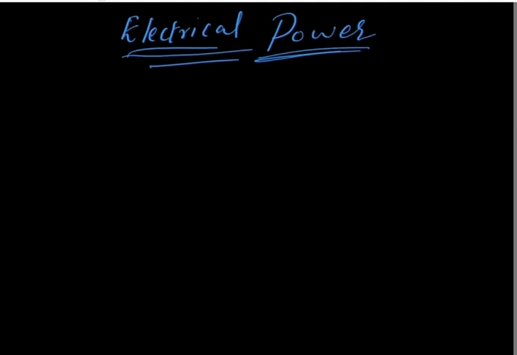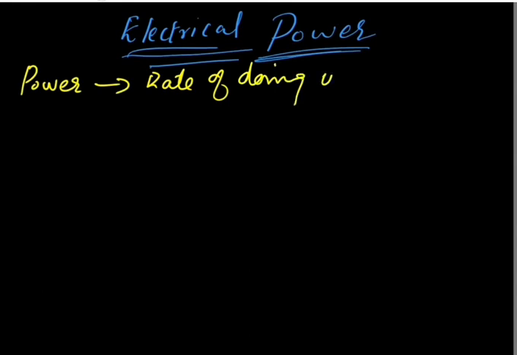Now we'll see what is electrical power. So in mechanics we have learned about power, and we have learned that power is rate of doing work, isn't it? Power, we can define it as rate of doing work. So rate of doing work means, if you convert that into equation form, it is work done by time.